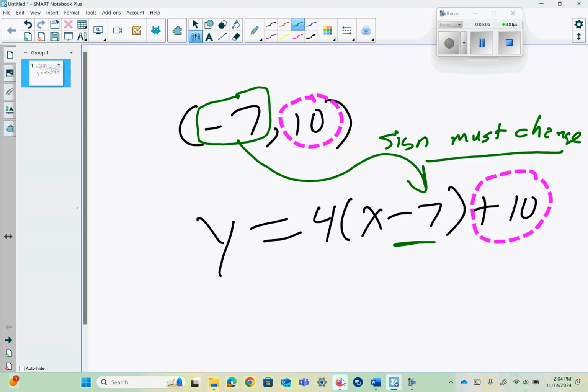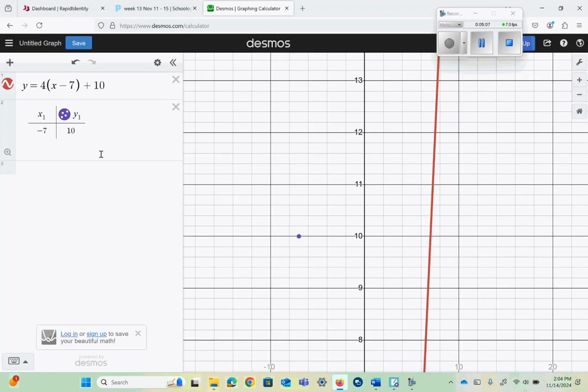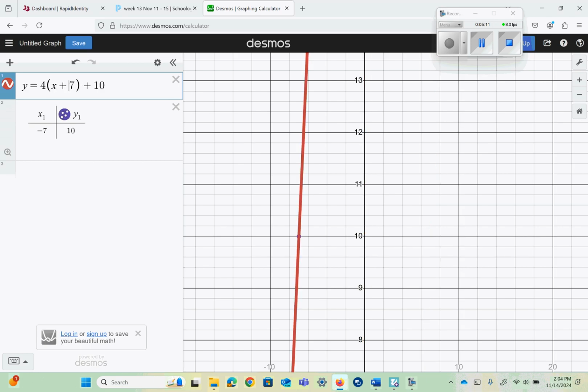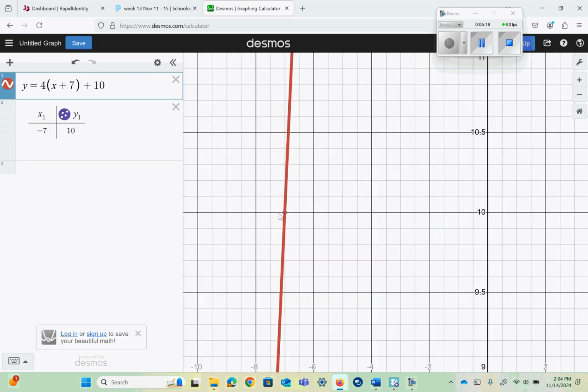I can go back on to Desmos, and I can change my equation. If I was going to change the sign and I made this plus 7, well, where's that purple dot? Is that purple dot still right there? Let's find it. Is the purple dot on the line?